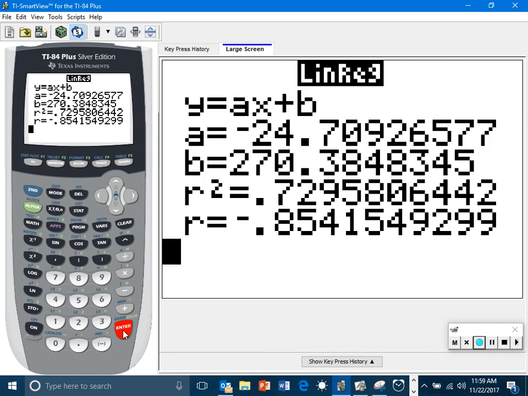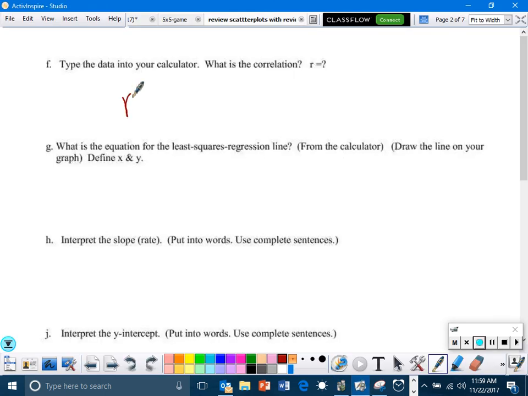The question is the correlation, which is the R value, and we can see the R value is negative 0.85. So R equals negative 0.85. And if you remember, this is very strong. It is a very strong relationship.